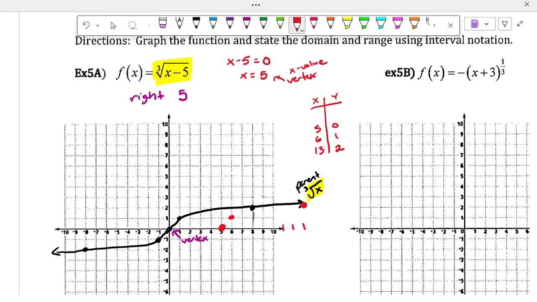Now, opposite direction. So I need my negatives. So what value, if I plugged in for x and I evaluated, would give me a negative 1 under the radical? Four. So if I put 4 in, I'll get negative 1.